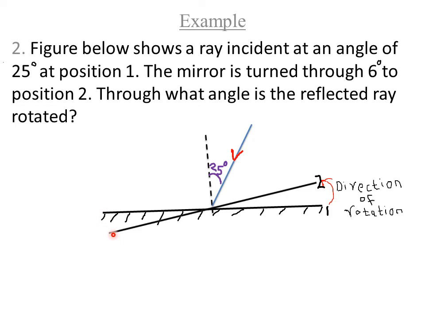So the total angle of rotation will be the 6 degrees here plus the 6 degrees here, which gives 12 degrees. So through what angle is the reflected ray rotated? The reflected ray is rotated through an angle of 12 degrees. The 12 degrees is coming from the 6 degrees here and the 6 degrees downward here.